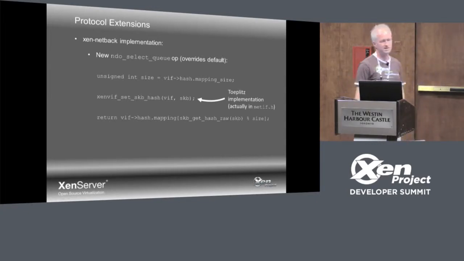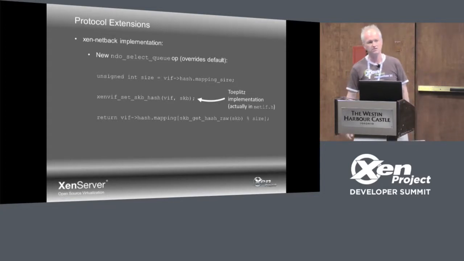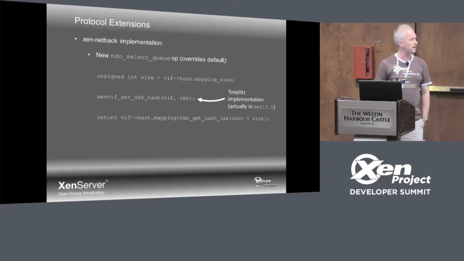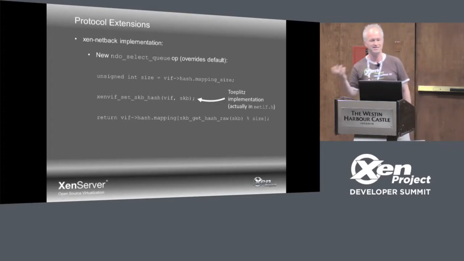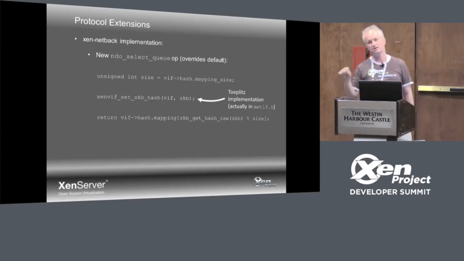Calculating Toeplitz in software is actually pretty expensive. So one optimization we did was to have a hash cache. So there is, by default, a 64-entry hash cache, where the flow header, or the IP TCP header from the packet, is just looked up in the cache, and a hash value is pulled out from the cache, because it is actually easier to just match over a potentially up to 36-byte header than it is to actually calculate the hash.